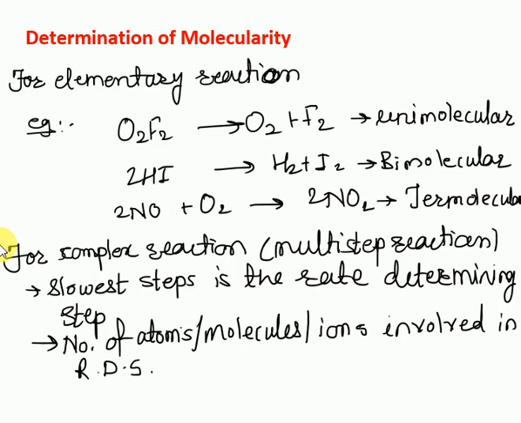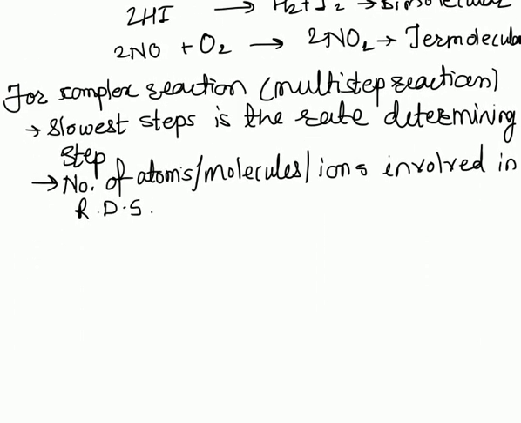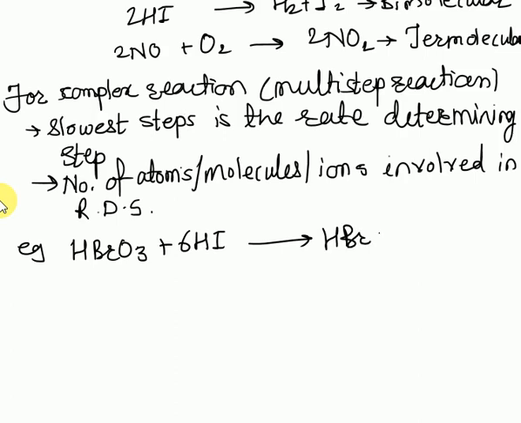Now take an example. Consider the reaction HbRO3 plus 6 moles of HI gives HbR plus 3H2O plus 3I2. This is a complex reaction. The steps involved are as follows.